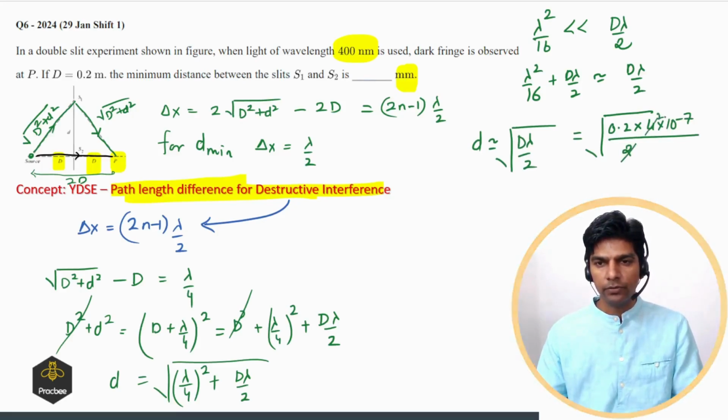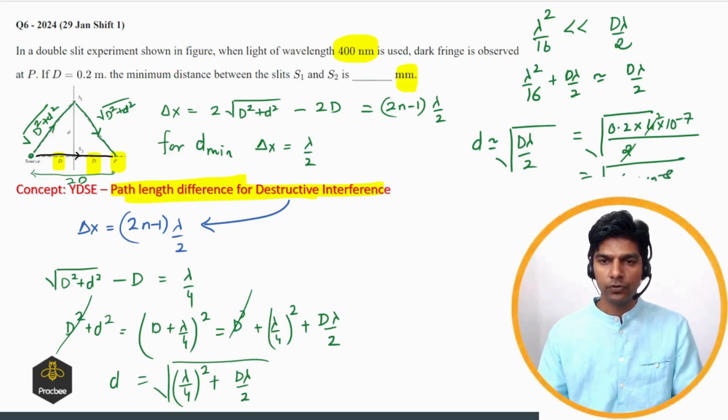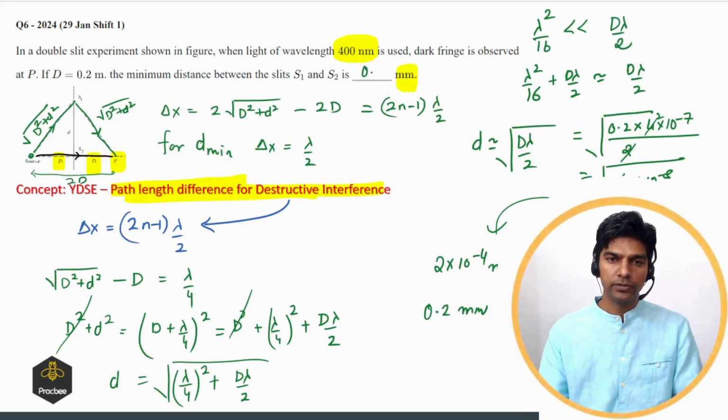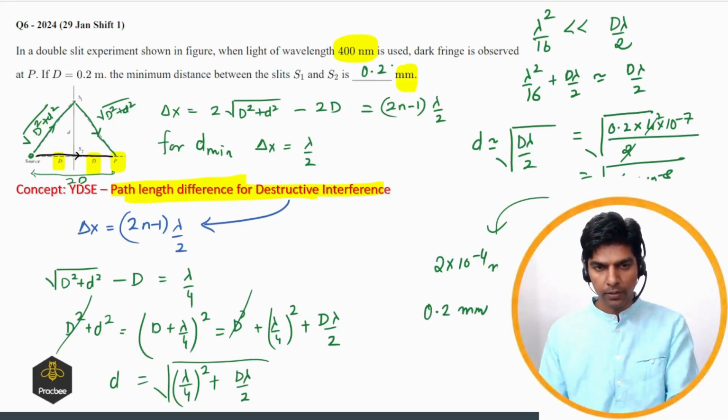So this will be root of 4 into 10 raised to the power minus 8. From this, it will be 2 into 10 raised to the power minus 4 meters, and it can be written as 0.2 millimeters. So 0.2 is the answer of this question.